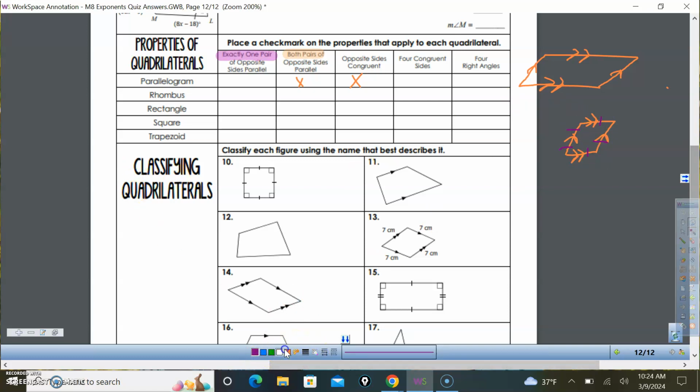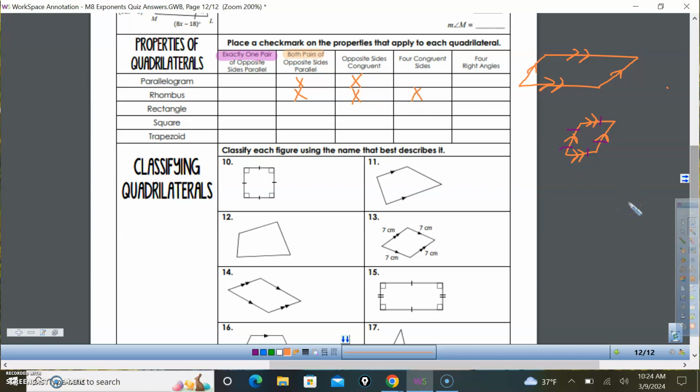Because a rhombus is a type of parallelogram, it is going to have both pairs of opposite sides parallel. Technically speaking, you can say that opposite sides are congruent in a rhombus, right? Because all four sides are congruent to each other, that means opposite sides are technically congruent. It also has four congruent sides.